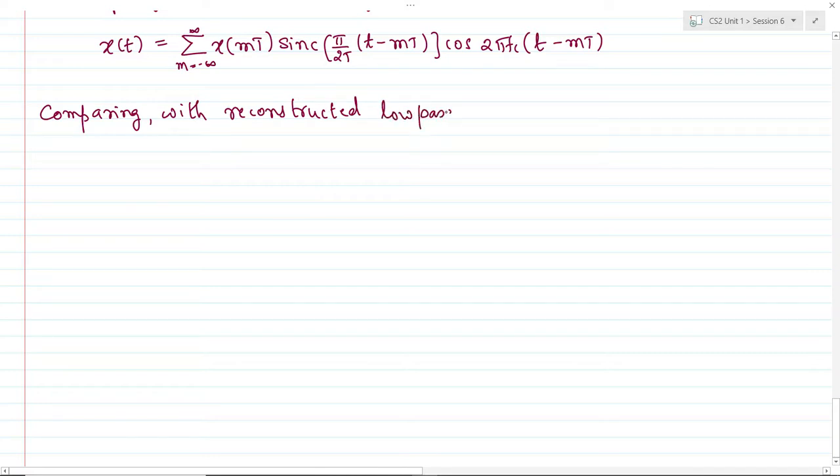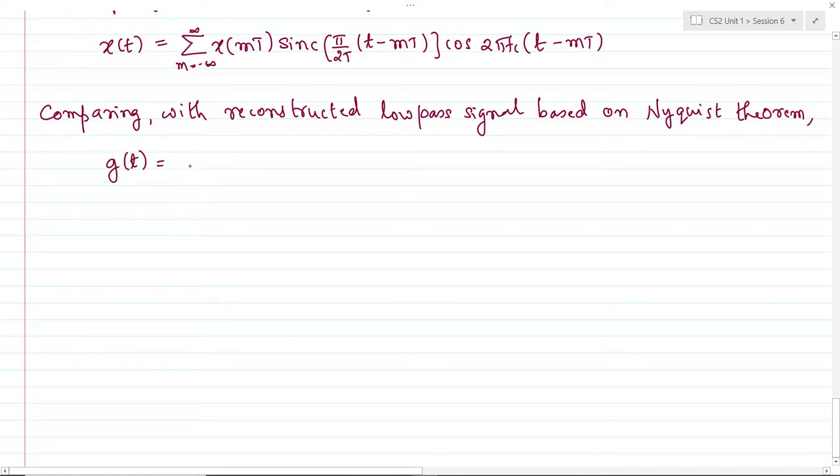So if I represent that reconstructed low pass signal based on the Nyquist theorem, that is g of t equals the summation, n running from minus infinity to infinity, of g of n by 2w, times sinc of 2 pi w times t minus nt, where w is the bandwidth of the low pass signal. Very similar to the reconstructed signal in our bandpass case, right?